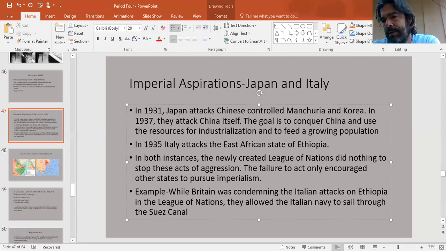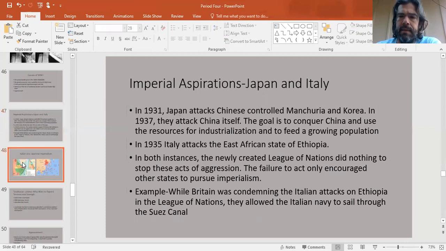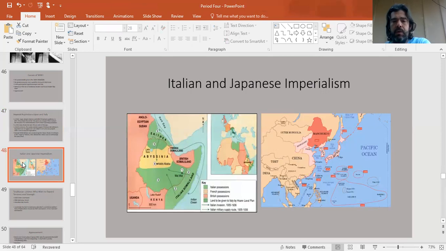And other leaders are looking at this, like Hitler, like Stalin, like Mussolini. And when they see that the League of Nations isn't actually going to do anything, that's a green light for them. An example of this was during the Ethiopia crisis when Italy was attacking Ethiopia.